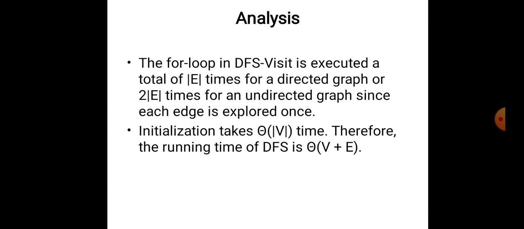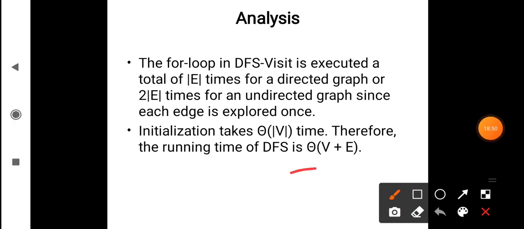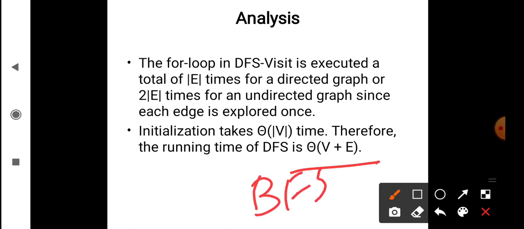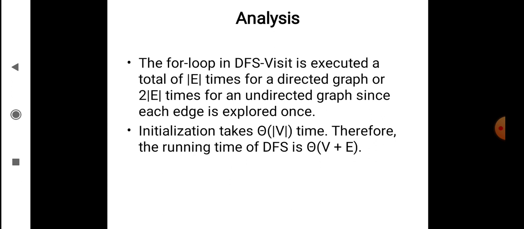For initialization, we need to initialize each vertex, which takes order of V time. So the total time of DFS is also order of V plus E. BFS is also order of V plus E.